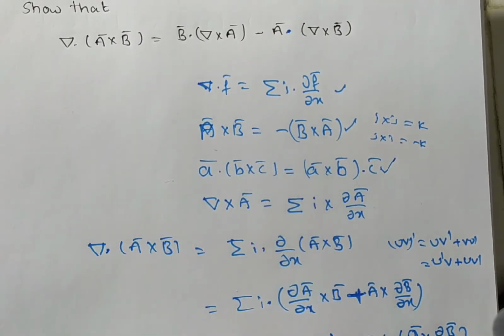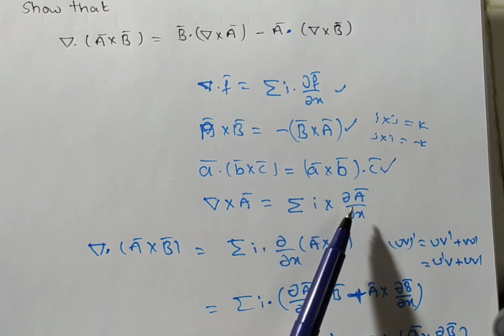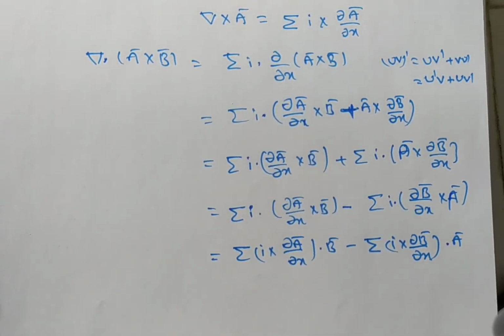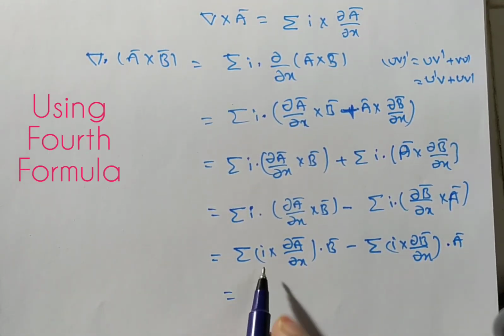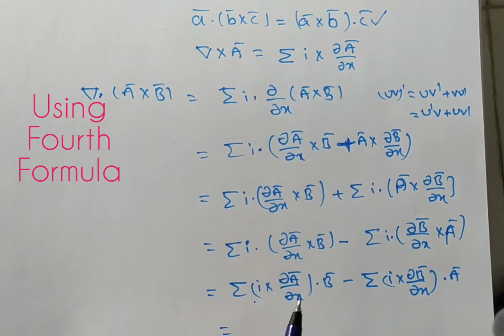Next, you see which one you have to prove? Del cross a bar type we need to prove. What is meant by del cross a bar? If you have summation i cross dou a bar by dou x, you can substitute del cross a bar. So here you observe, this is i cross dou a bar by dou x, nothing but the fourth formula type.